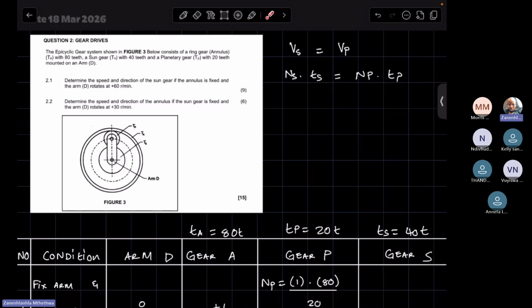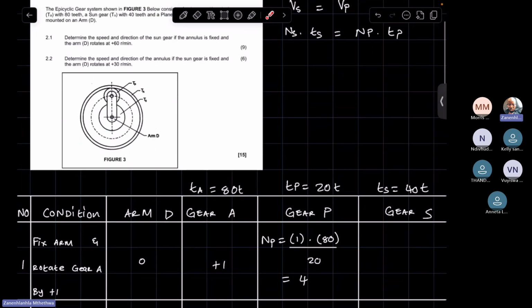Second guideline, you establish direction of rotation. The planetary gear and the sun gear are meshing with the outside true circumference. So both gears have teeth ground onto them on the outside true circumference, which means that when they rotate, they rotate in opposite directions.